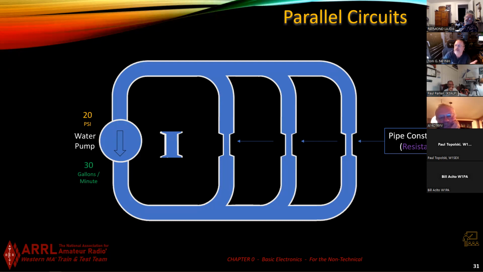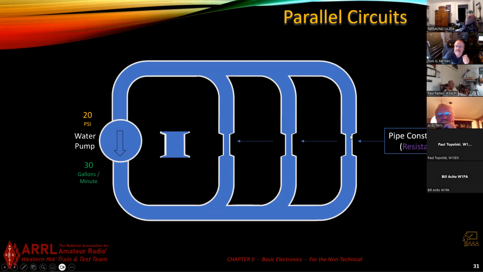So what happens when I add the third one into this? It gets even bigger. So what's the constriction or resistance here versus any one of these three? There's less resistance here, true? It's easier to get through this doorway than it is to get through any of these three, right? Yes. So the total resistance in a parallel circuit is lower than any one of the resistors.